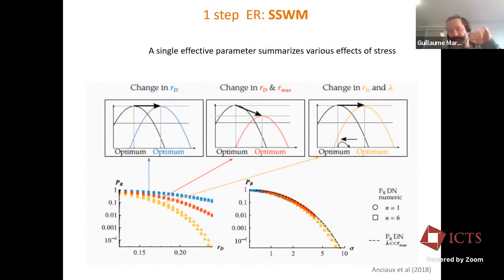Basically, they all boil down to one parameter. And if the two happen, it boils down to one parameter still. So this covers the fact that maybe selection is stronger, for example, which is really the same as saying that lambda is smaller. Or that the maximum possible growth rate goes down, so you cannot do better than another Rmax, and that the optimum has shifted.